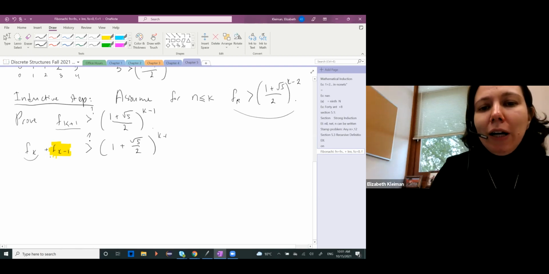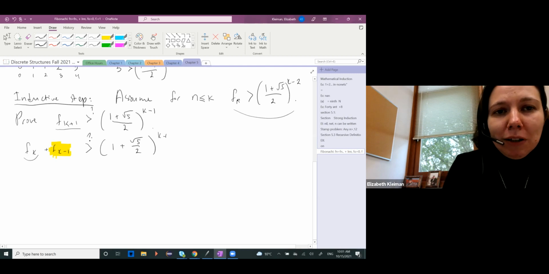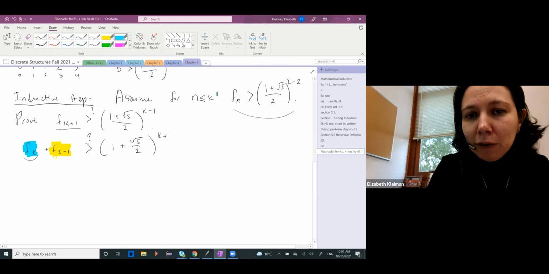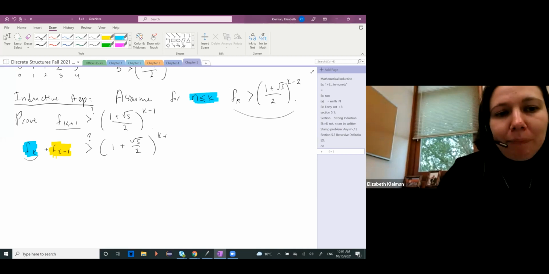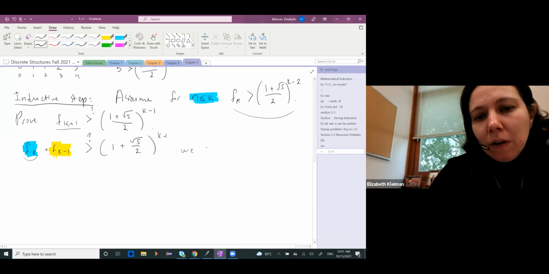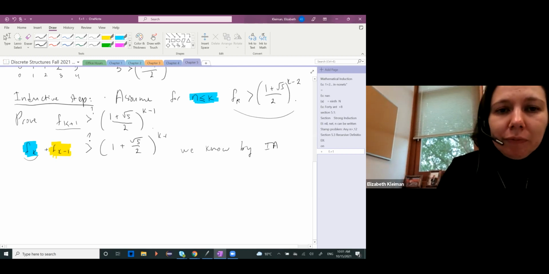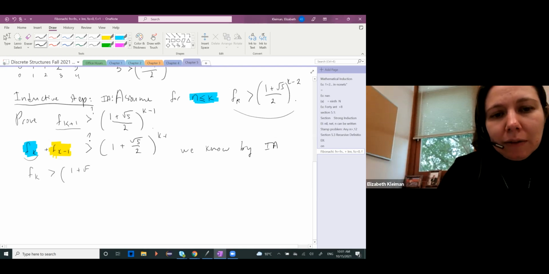So now I'm going to leave it as a big question mark. And I can tell you that, okay, we have both of those, and for both of them, the condition stands, correct? So I can use my induction step. So we know by inductive assumption that f of k is bigger than (1 plus square root of 5 over 2) to the k minus 2.